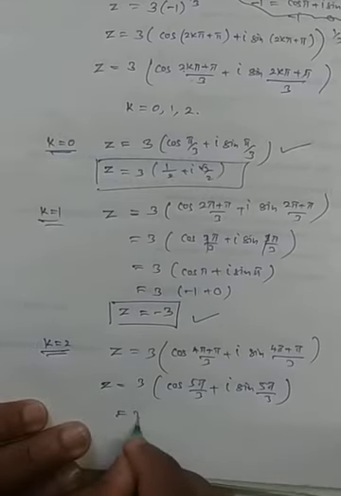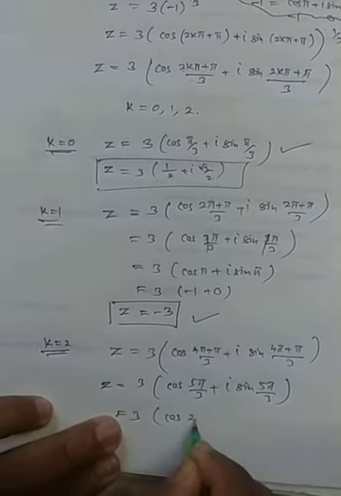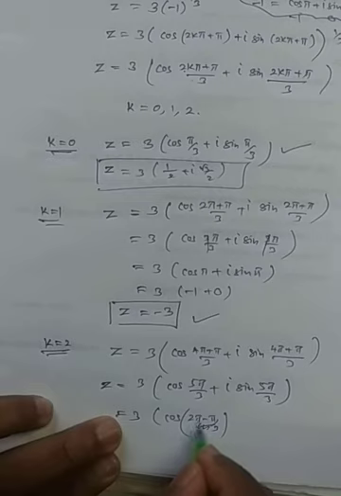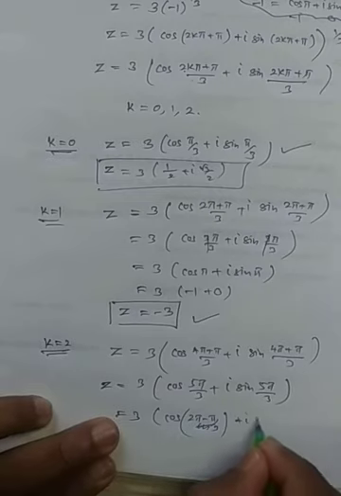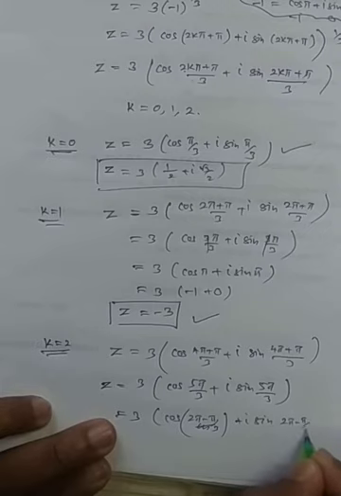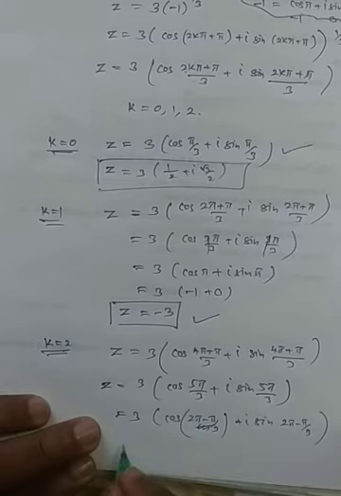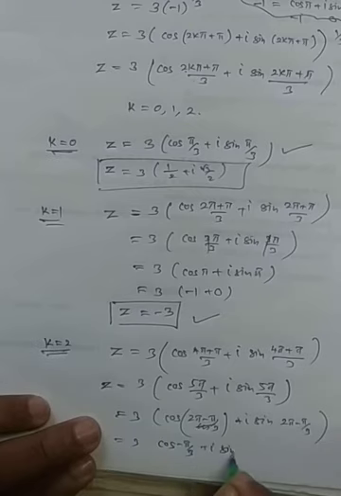So z is cos of (2 pi minus pi by 3) plus i sin of (2 pi minus pi by 3). Since 2 pi is 360 degrees, the same value will come. So this is cos of minus pi by 3 plus i sin of minus pi by 3.